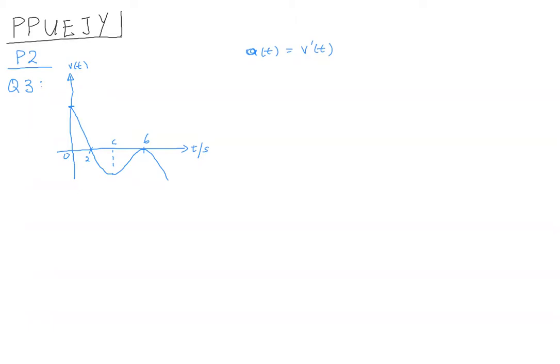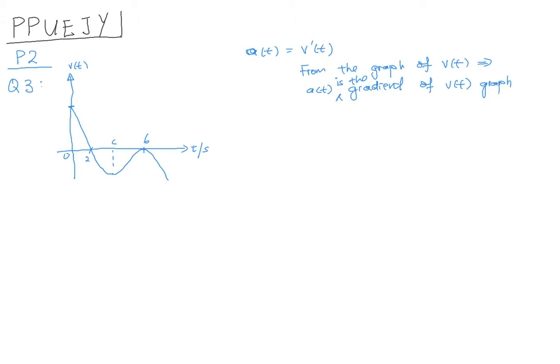So that means from the graph of VT, if you want to know acceleration, you have to look for the gradient of the VT graph. Am I right?